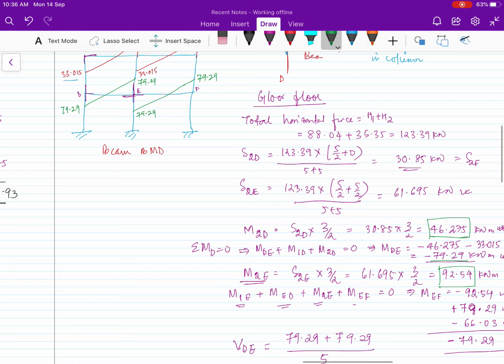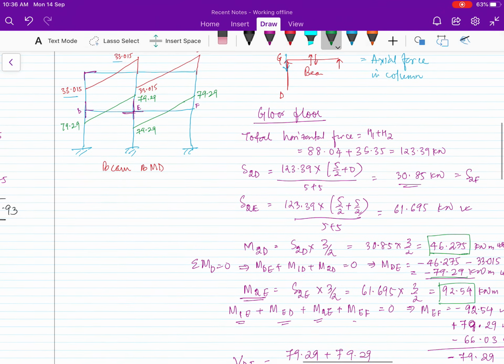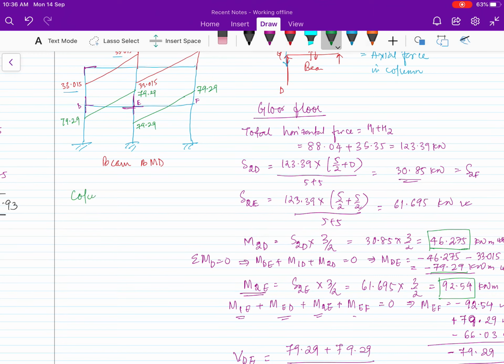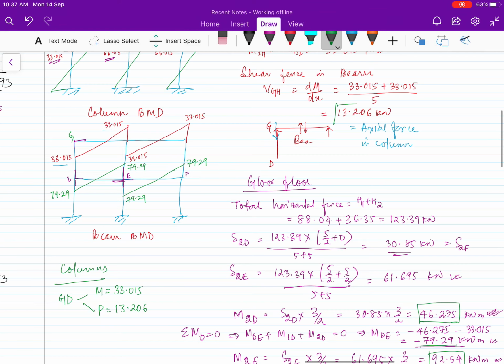So for this bending moment, this is due to lateral load, we'll be designing the elements. And coming to the columns, for this GD column, we have moment 33.015 to design, and for the axial force, the shear that we calculated, 13.026. Okay, this 13.026 kilonewton you have to design.